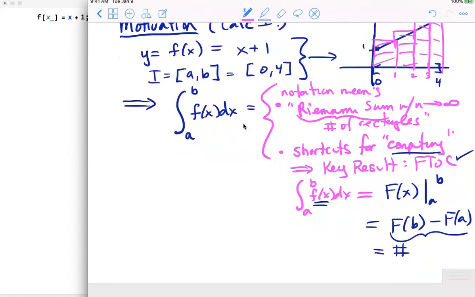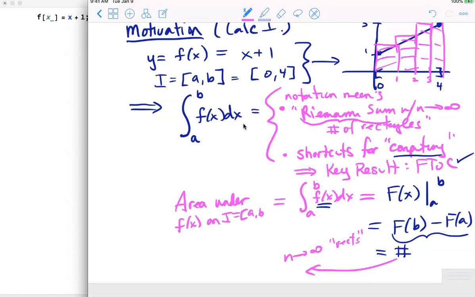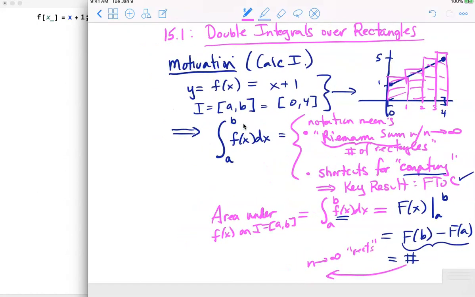And because of that background, we knew that as n went to infinity rectangles, the definite integral could be interpreted as the area under the function f of x on the interval going from a to b. Okay.